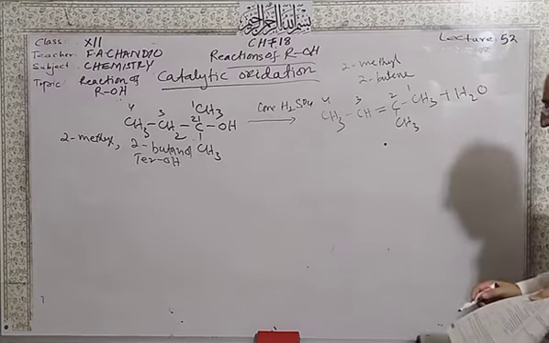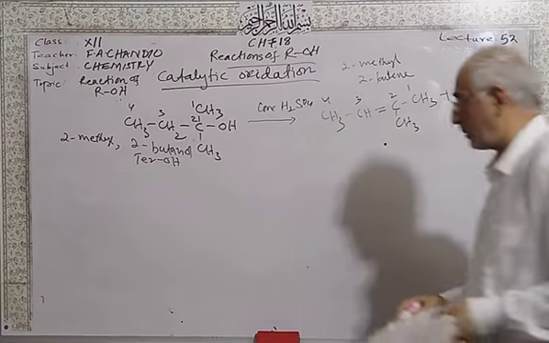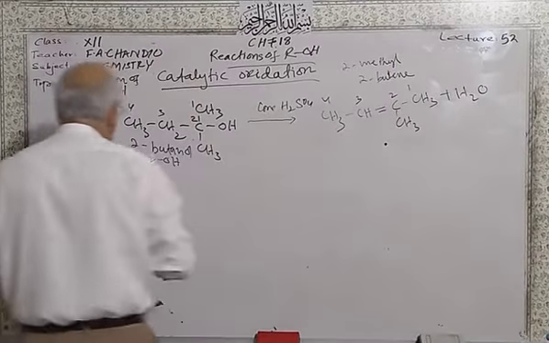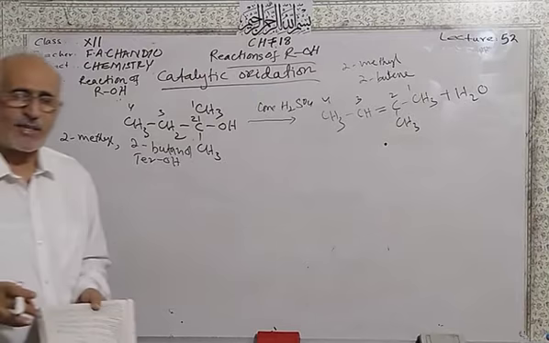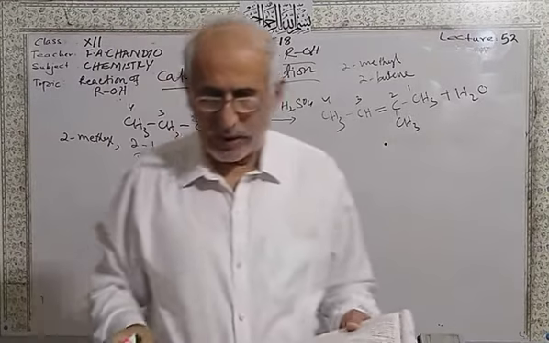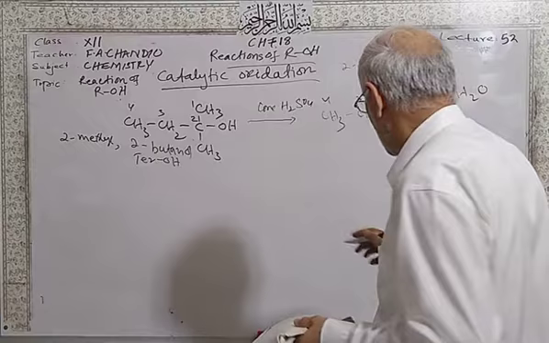So in this case, the first step is the dehydration. First step is the dehydration. There is no attacking of the oxygen on the alcohol by using sulfuric acid. So first is going to be dehydration.